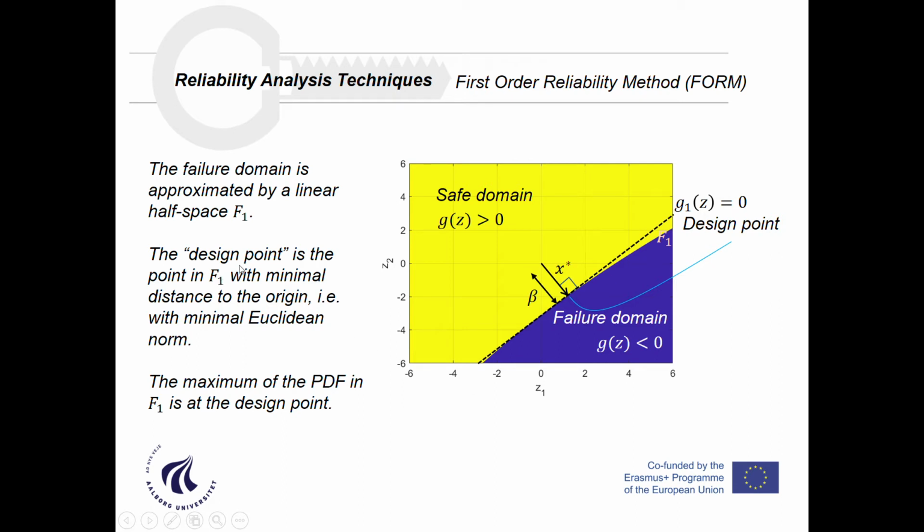And the design point is the point in F1 with minimal distance to the origin, which is equivalent to the minimal Euclidean norm. And the maximum of the PDF in F1 will be at the design point. So basically what we need to calculate is this distance, which is equivalent to this beta value.